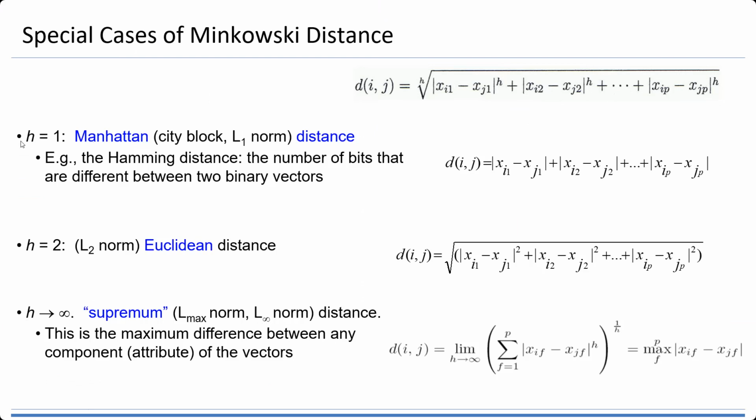If h equals 1, then this is the formula. If h equals 2, it means we have the square root, and we will square every subtraction. If we have the supremum, it means we will check the maximum between two values.